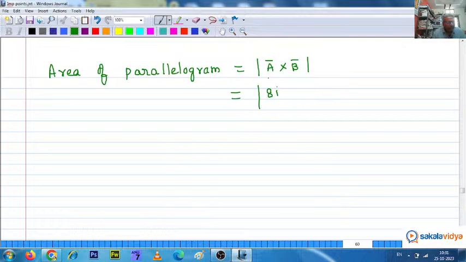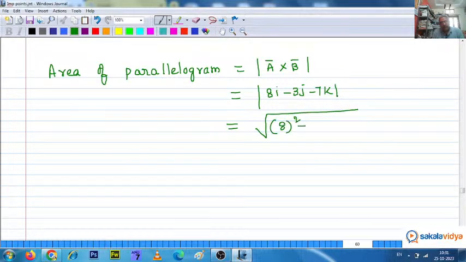Now its modulus we need to find. So that is equal to root over 8 squared, plus minus 3 squared, plus minus 7 squared. Do not get any confusion.